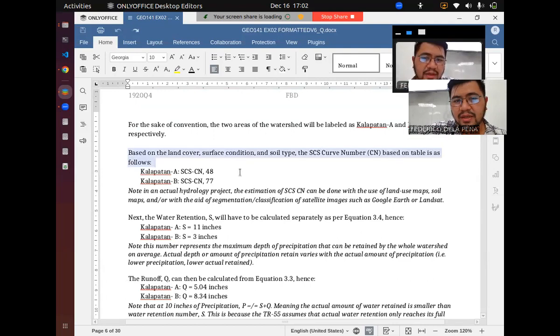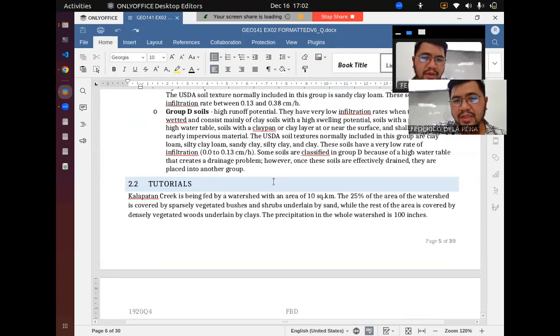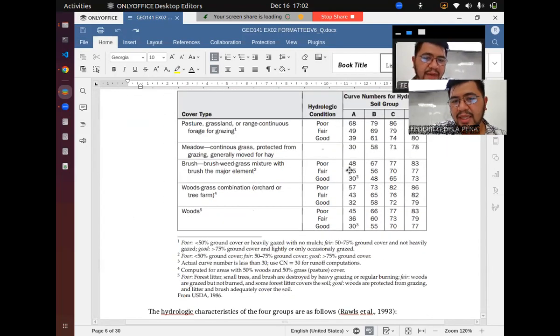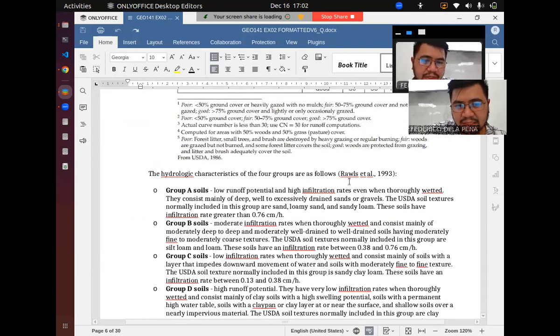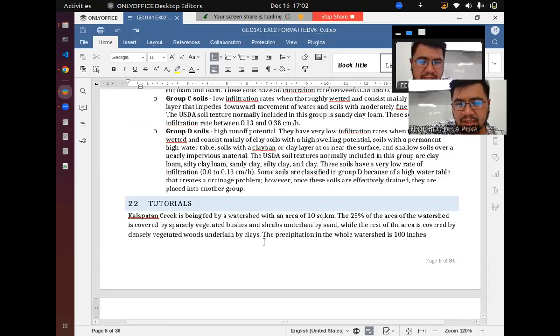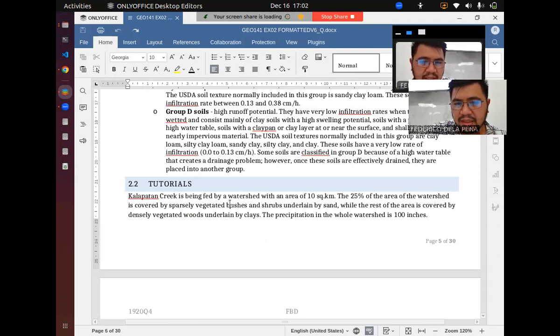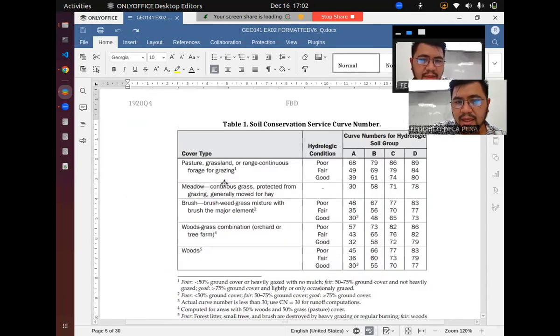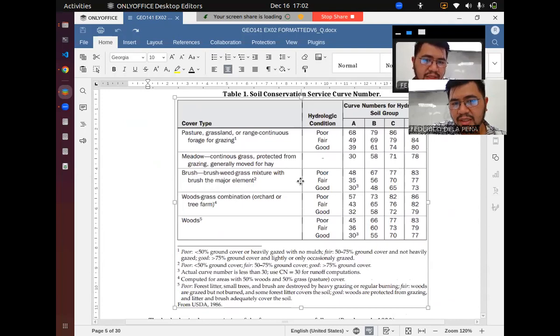Now, we start here with getting the curve numbers. For Catchment A, you have bushes, or brush, and the soil is sand, so that's group A. Therefore, your value is around 30 to 48.